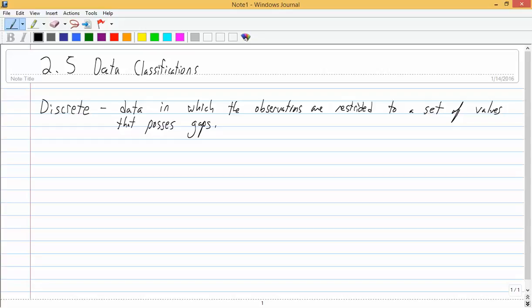And so there are gaps, usually. My heart rate may be 90 beats per minute right now, and then maybe when I work out it goes up to 150 beats per minute. I'm generally not going to measure my heartbeat and say, okay, it was 90.256 beats per minute, right? There are gaps in that data.